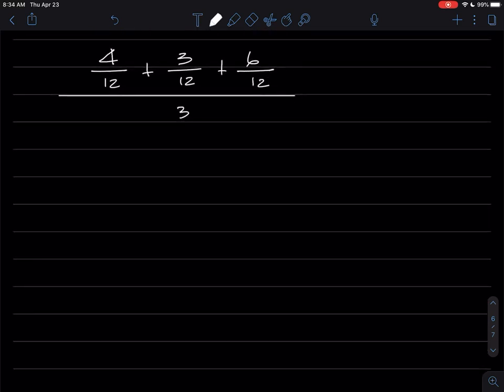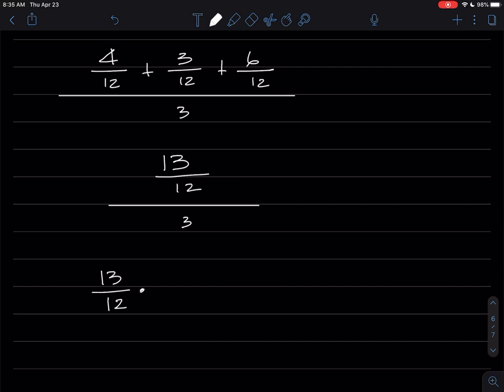So let's move to the next step. We have common denominators, so we'll add the numerators. So 4 and 3 is 7, plus 6 is 13. We end up with 13 over 12, all divided by 3. Last step is to multiply by the reciprocal of the denominator.